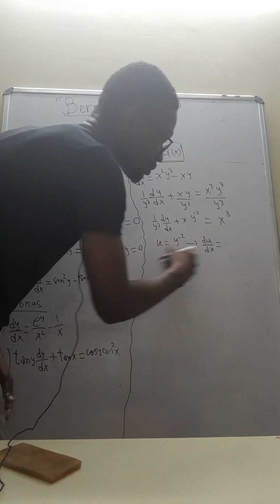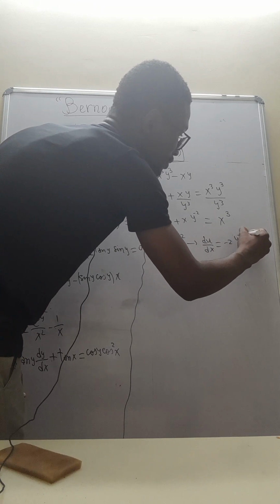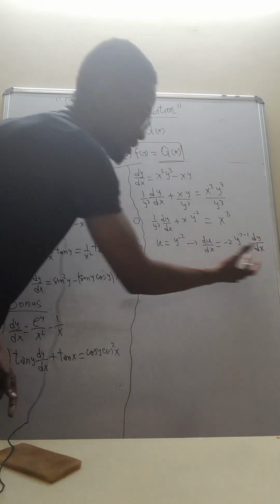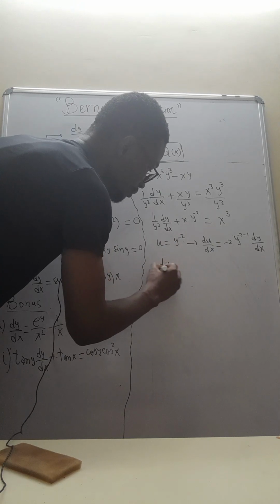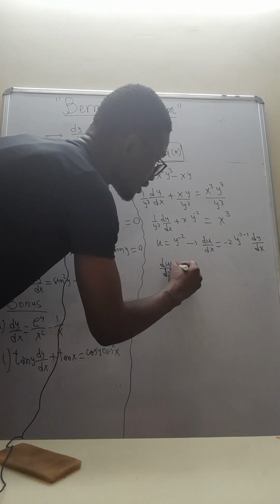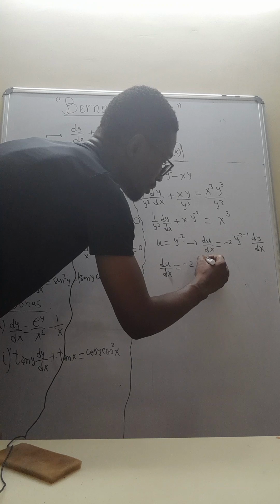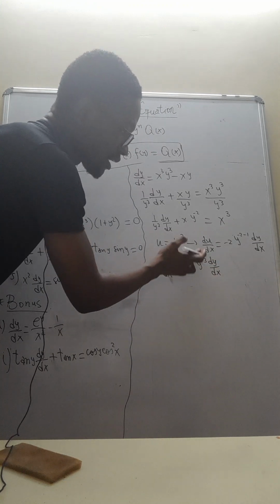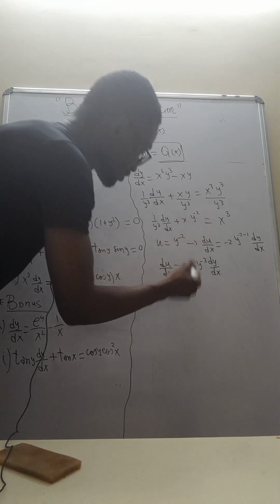If I differentiate this with respect to x, it will be minus 2 y raised to minus 2 minus 1, then dy by dx. Just apply the chain rule. So du by dx is equal to minus 2 y raised to minus 3 dy by dx. This y raised to minus 3 is the same as 1 upon y cubed.